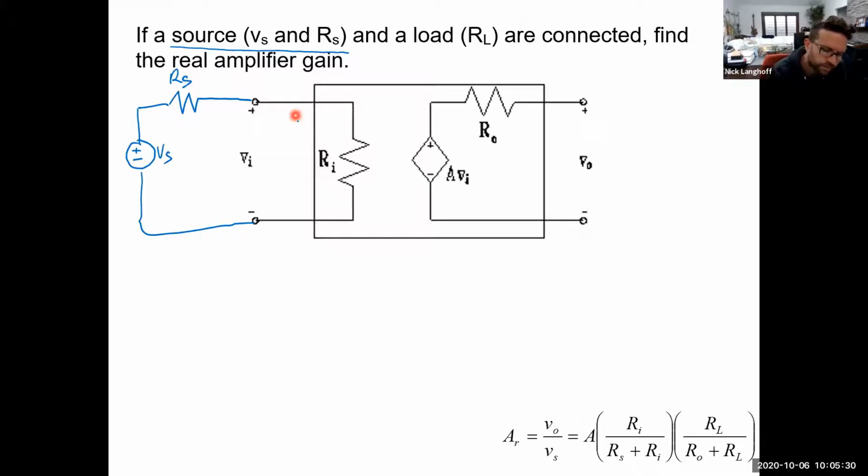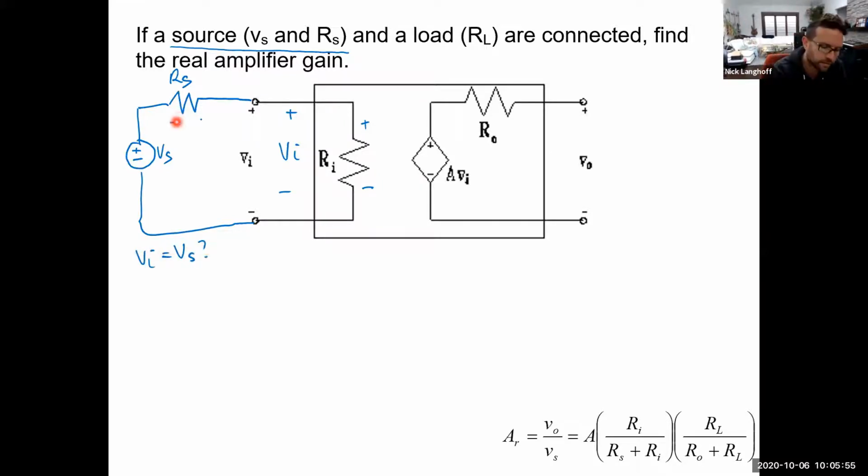We know that the voltage VI delivered to the input of the amplifier is the voltage across that input resistance, Ri. So is VI going to be equal to Vs?